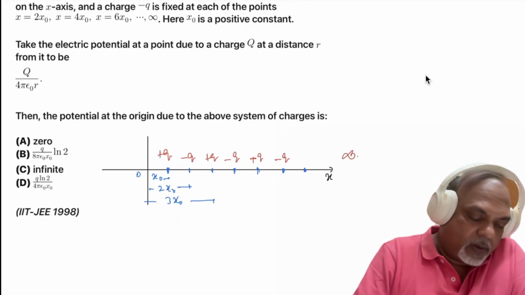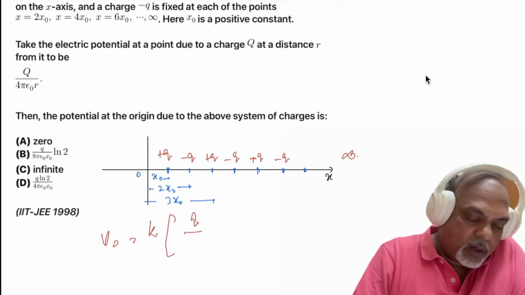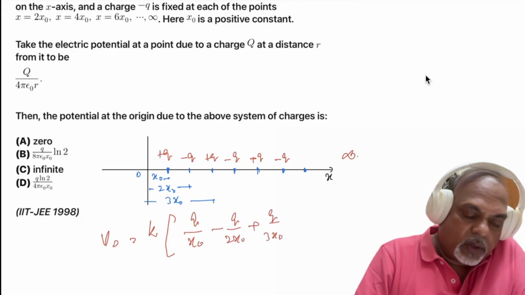Potential at origin, what would be the potential at origin? q upon x0 minus q upon 2x0 plus q upon 3x0 minus q upon 4x0 and so on.